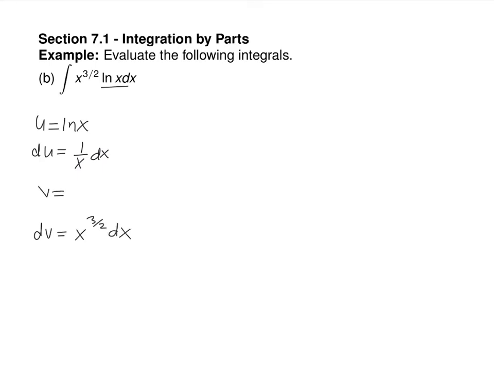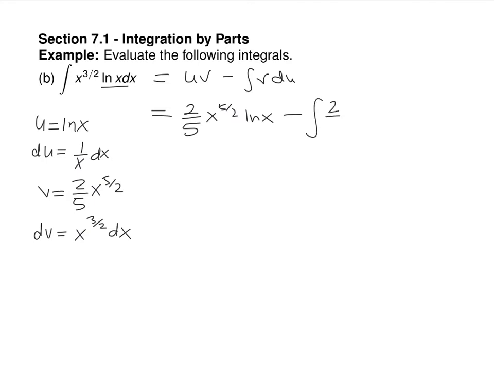And then v is x to the 5 halves, coefficient 2/5. So remember the formula is uv minus integral v du. So 2/5 x to the 5 halves ln of x minus v du, so minus the integral of 2/5 x to the 5 halves times 1 over x.